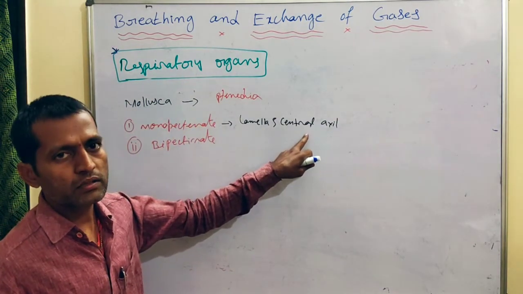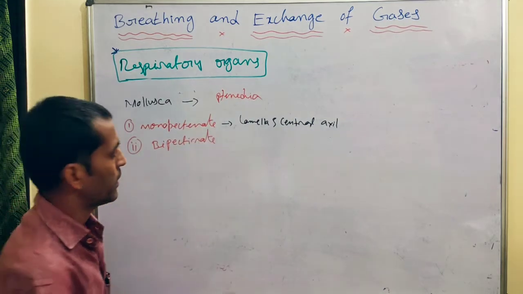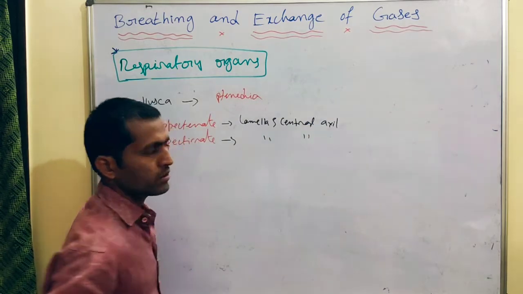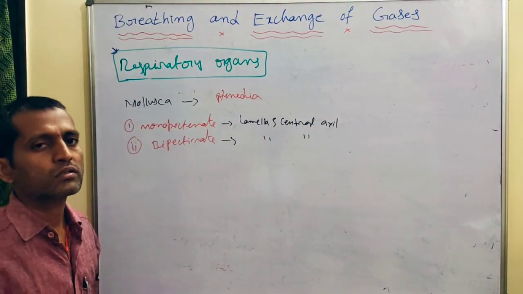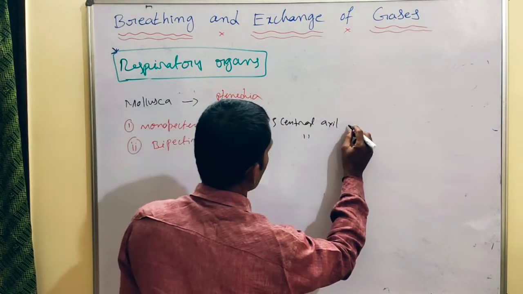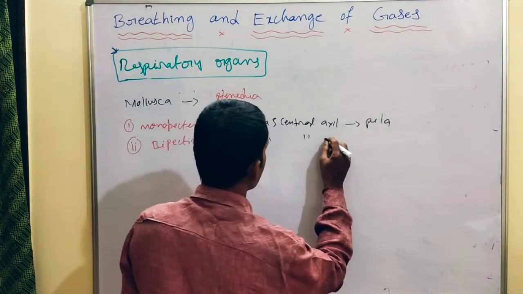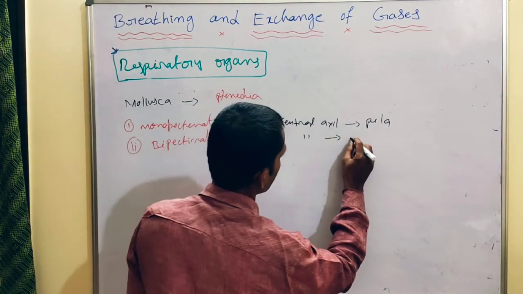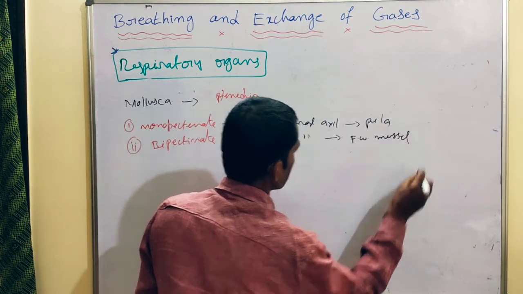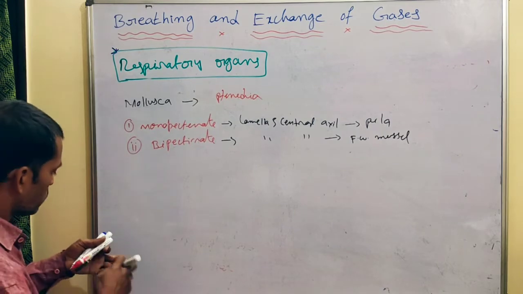Bipectinate means lamella and central axis are present on both sides. An example for monopectinate is Pila, and an example for bipectinate is the freshwater mussel.